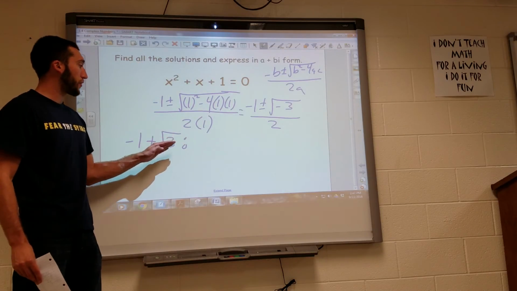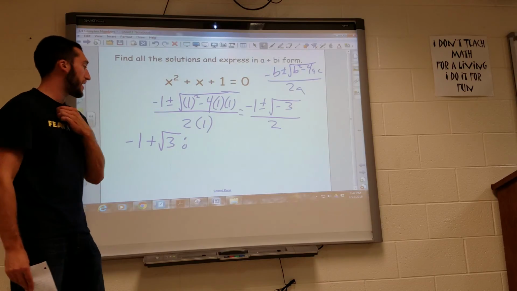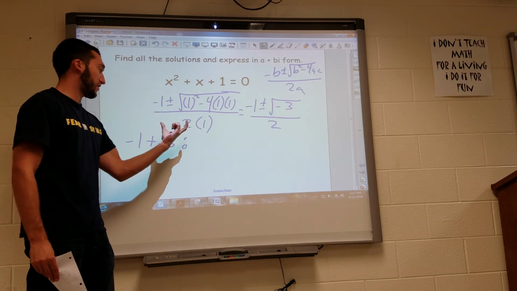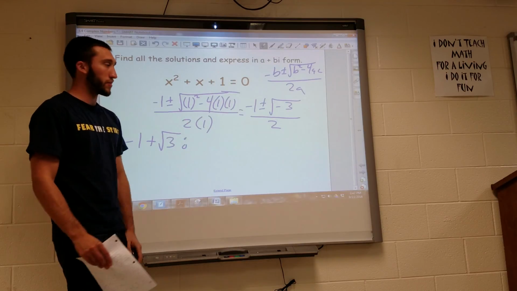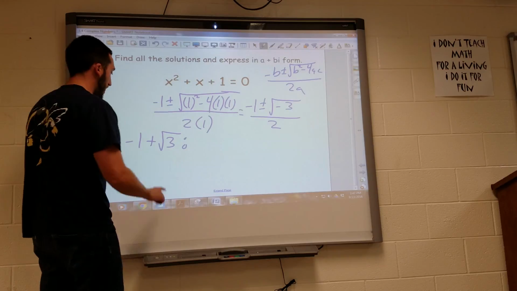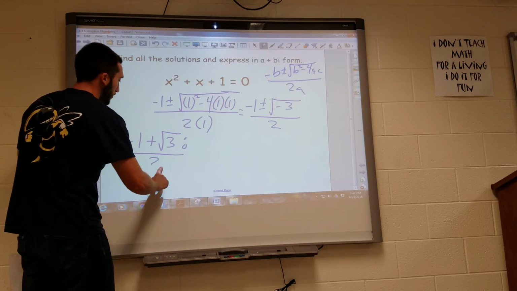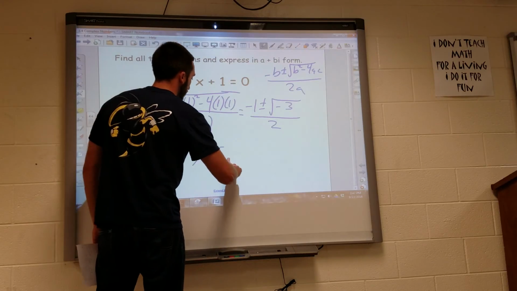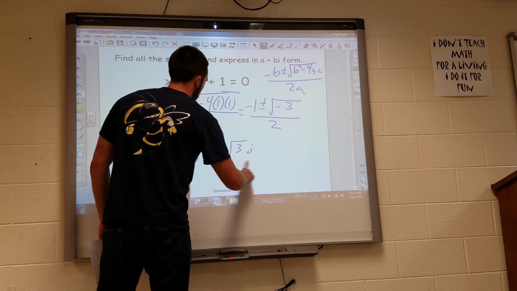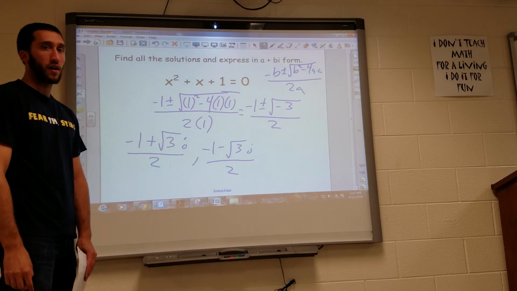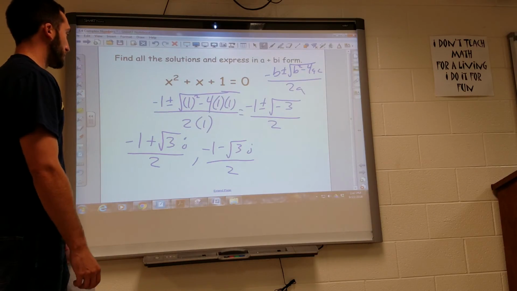So I get radical 3i, basically just saying that this is an imaginary number, right? We can't see it on the number line, it's an imaginary number. So by pulling that i out, we're allowed to pull the negative out from under the radical, all divided by 2. And then we also get the term negative 1 minus radical 3i over 2, because we have to take care of the plus and minus version of the quadratic equation.